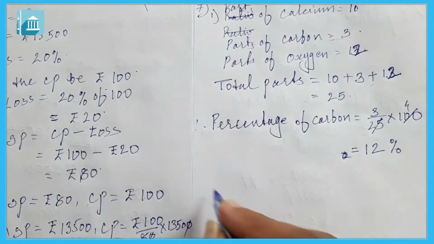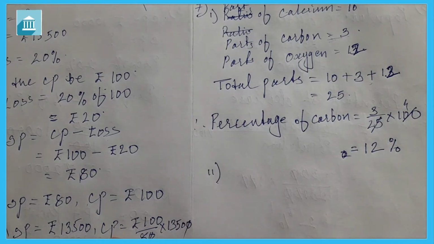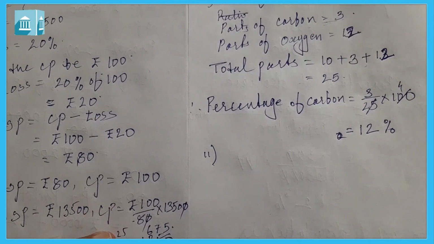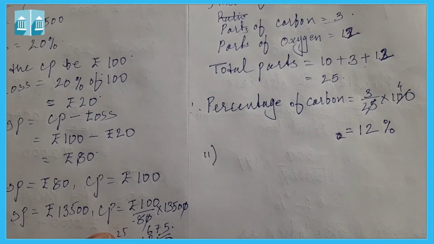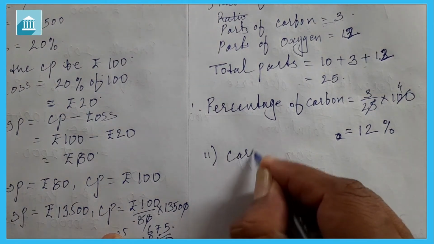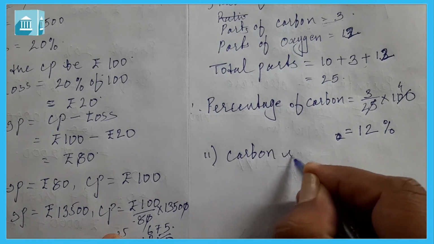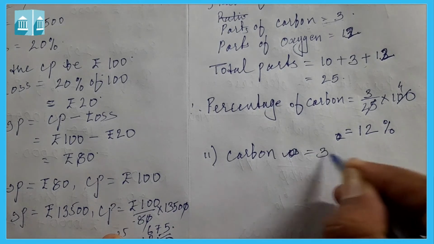This was the first one. Now the second one is: if in a stick of chalk carbon is 3 gram, what is the weight of the chalk stick? Here it is given that carbon is equal to 3 gram.